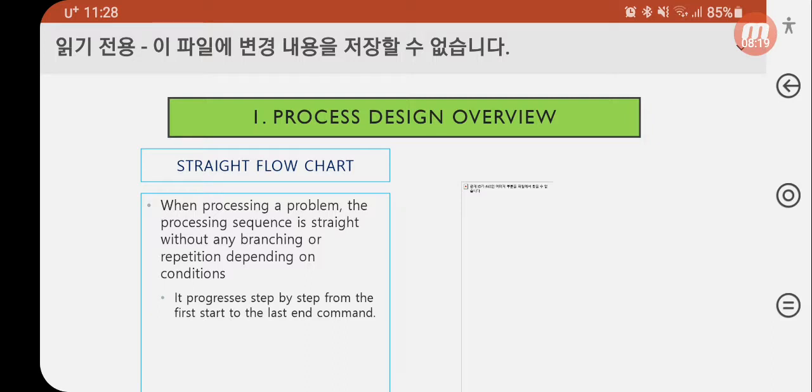Flowcharts have some control structures: sequential structure, selection structure, and repeat structure. Sequential structure is one in which the order of processing proceeds sequentially without branches or repetitions when processing a problem.